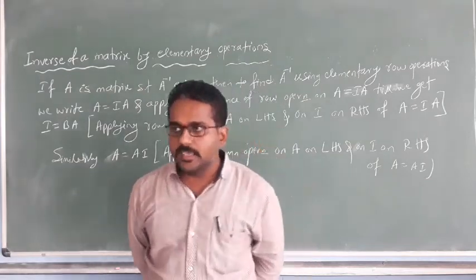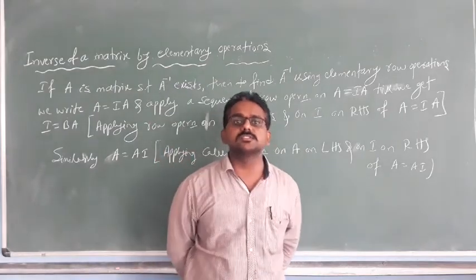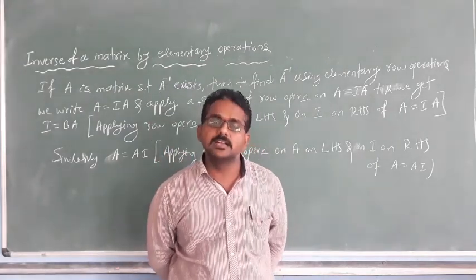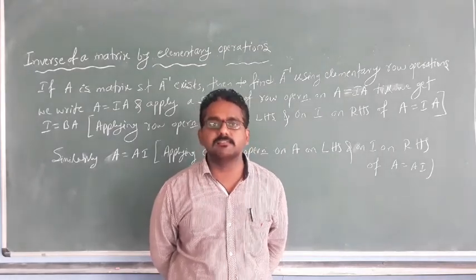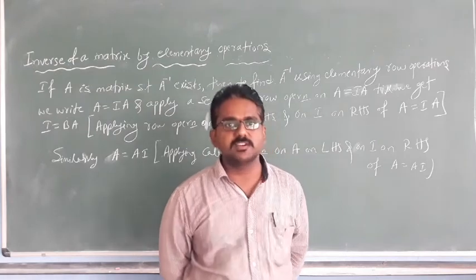Also we saw A into A inverse equals the identity matrix, and the identity matrix into any matrix gives the matrix itself. All those properties we saw in the last class.